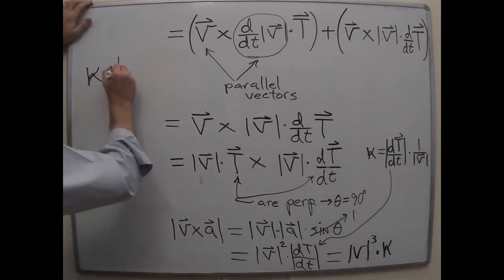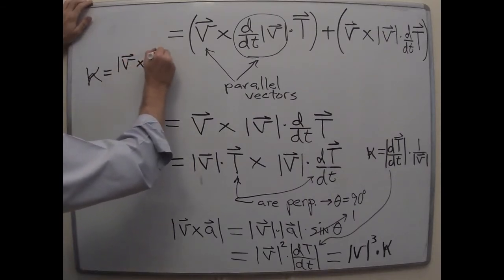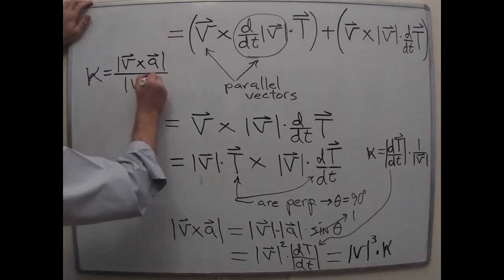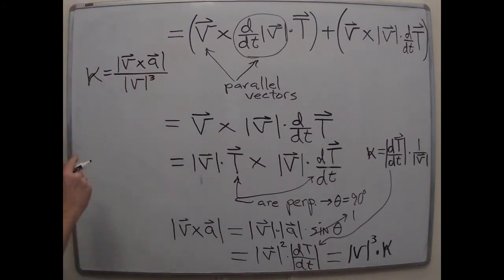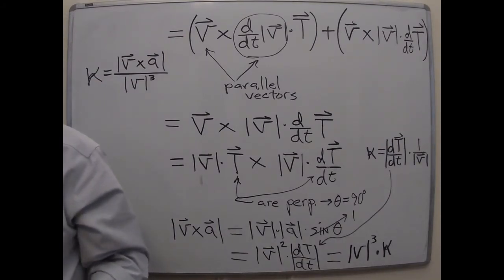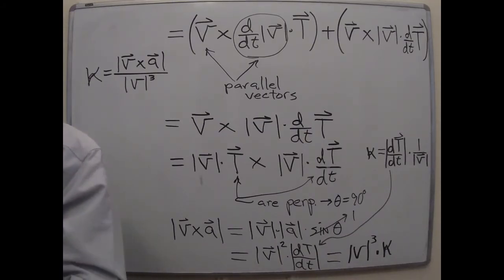Kappa can be written as the length of this cross product of velocity and acceleration divided by the speed to the third power, which some people prefer. I'm not sure if I like that one best. Often for my purposes, it's easier to just use the definition and calculate dT/ds, because that's what kappa is too.